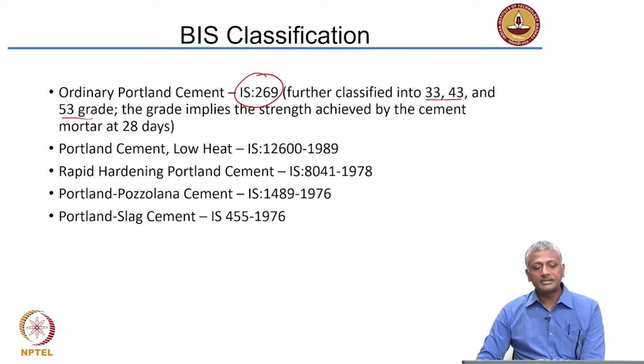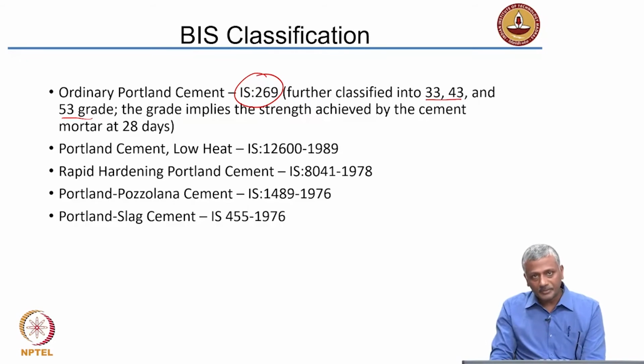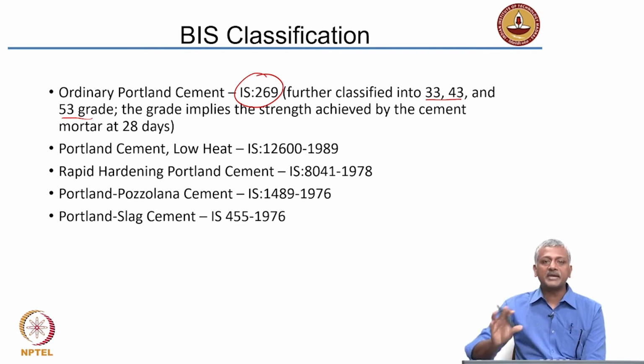I said earlier the compressive strength of cement is determined on the mortar. So, the grades of 33, 43 and 53 are referring to the strength attained by the cement mortar, as per a certain formulation.